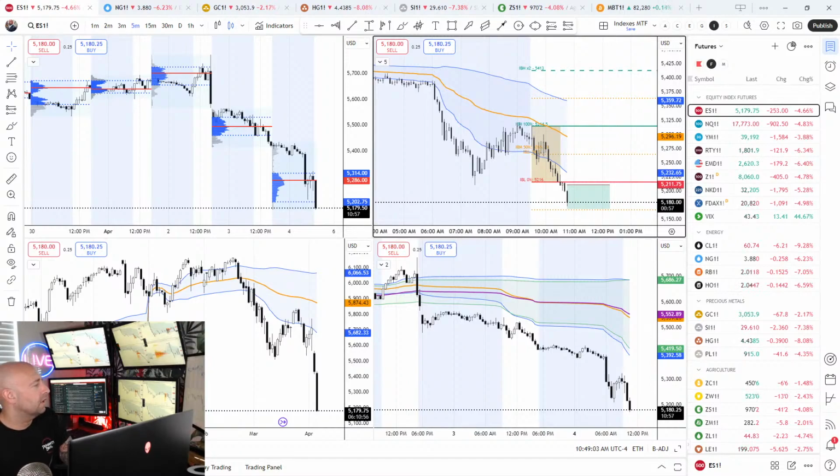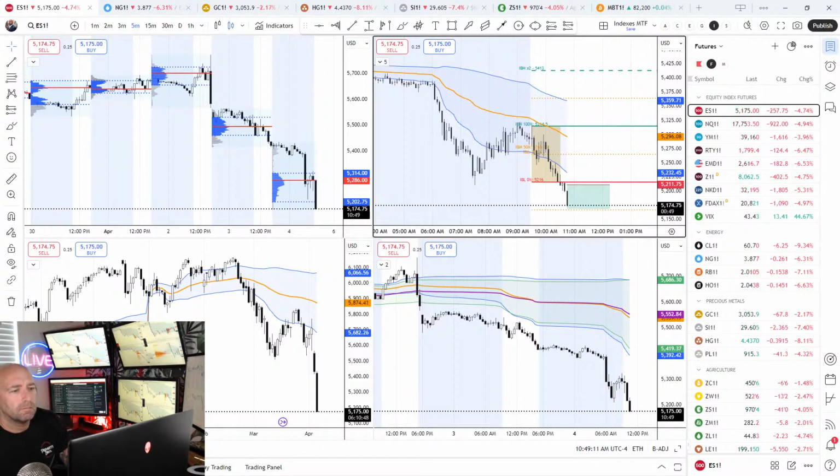I closed it for 400. So I'm worried about my trailing drawdown. That's ugly. Look at that candle. Daily.